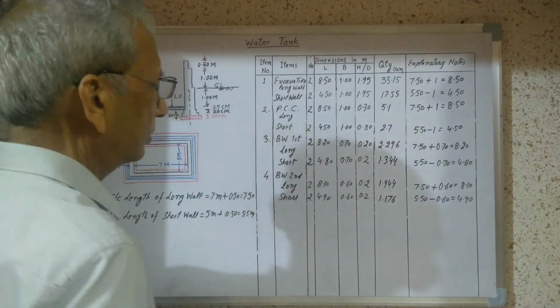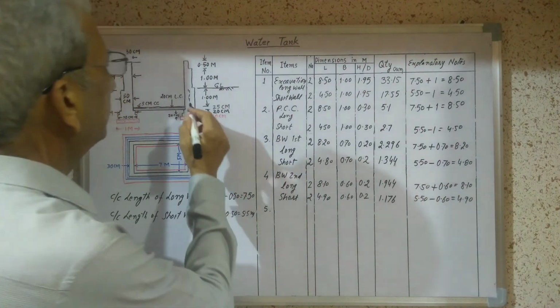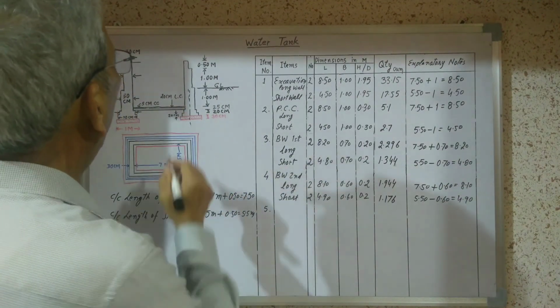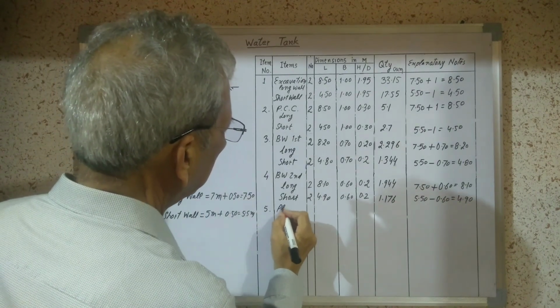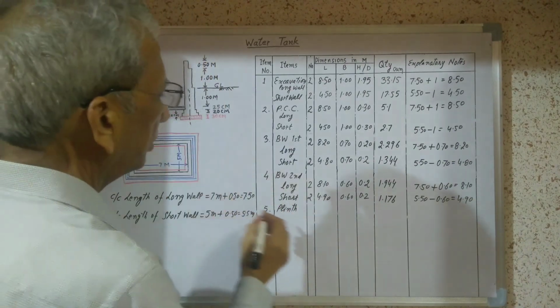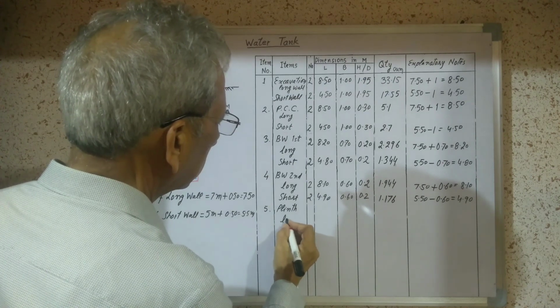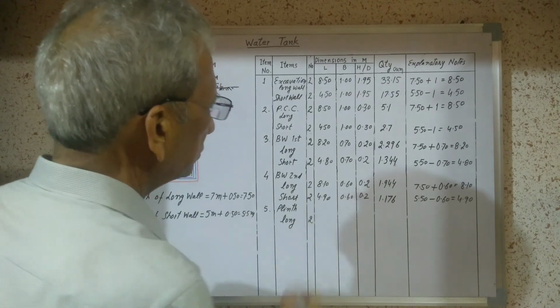Now the next item, we will take the fifth item as plinth beam, which is made of brickwork. Now long wall. 2 number of plinth beams.